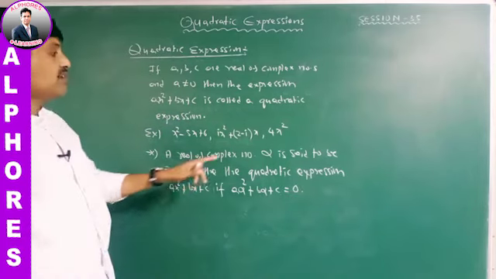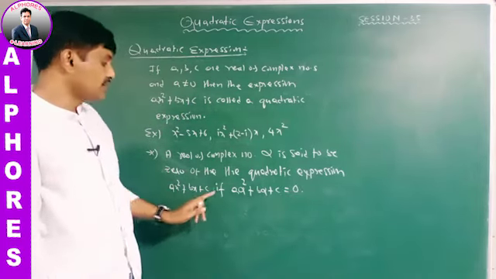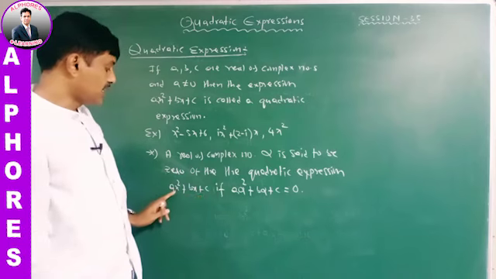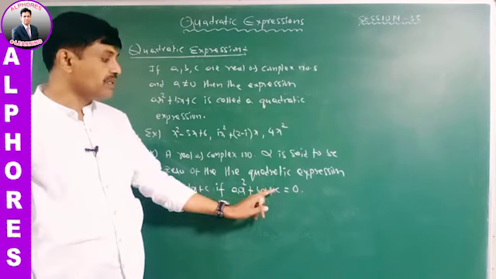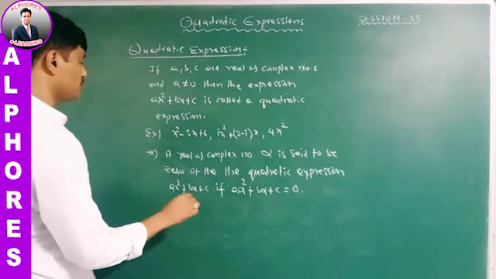In this case alpha is said to be a zero of the quadratic expression ax square plus bx plus c.